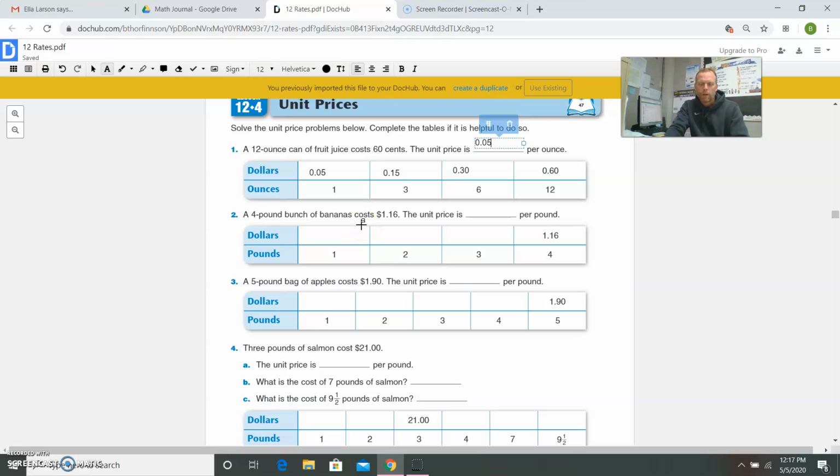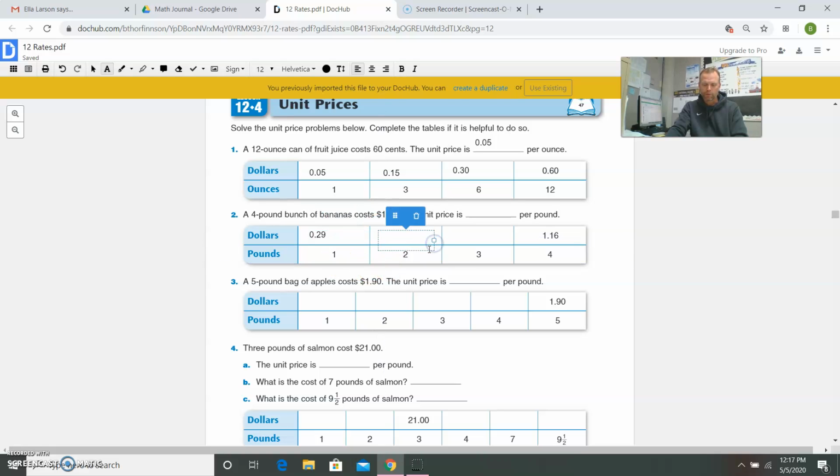So a 4-pound bunch of bananas costs $1.16. What is the unit price? Okay, so we have to take $1.16 and divide that by 4. When you do that, you should have 29 cents as a unit price. So 29 cents per pound is what you're paying.